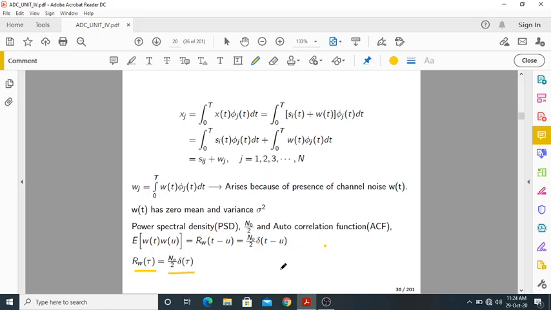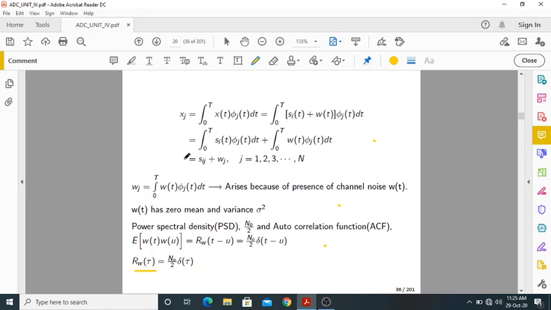What is t minus u? They are different time instances: t is one time, u is another time. These two are Fourier transform pairs, so if you take the Fourier transform of this autocorrelation, you get the power spectral density and vice versa. I hope these things are very clear to you.